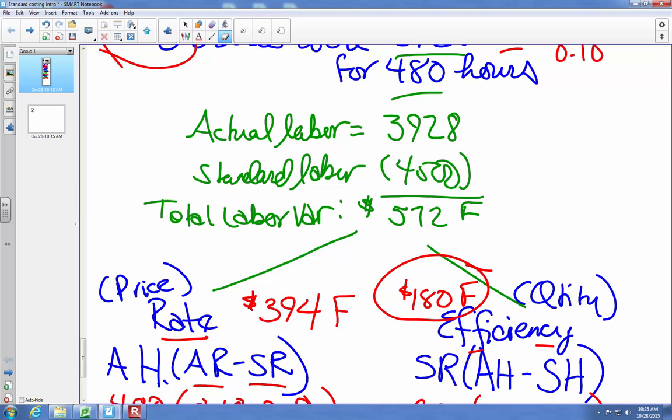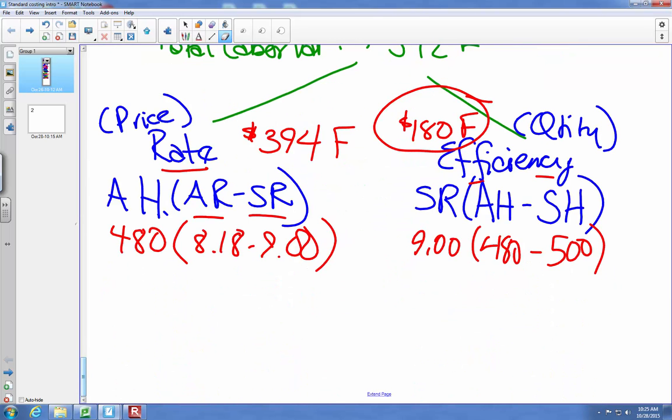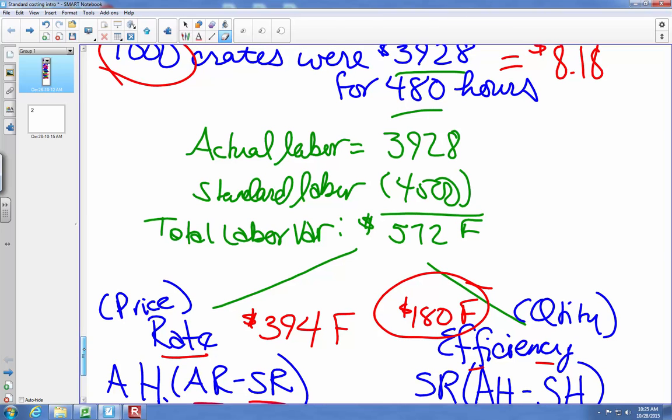Okay. What's the last? And so obviously, always in this scenario with the labor and the overhead, what do you make sure of? That these tally to that, right?